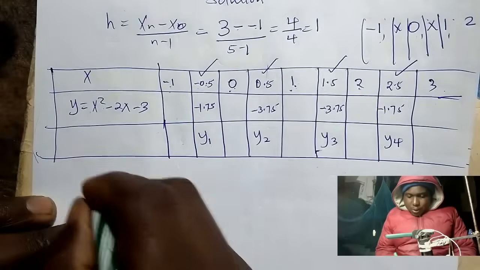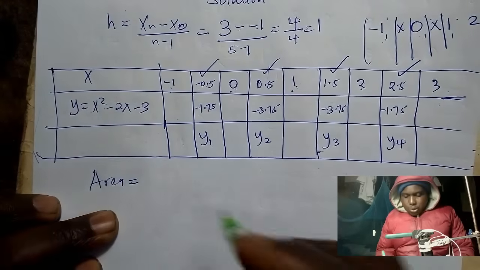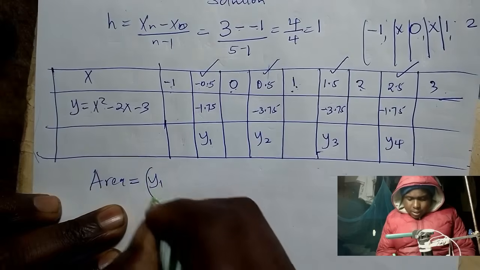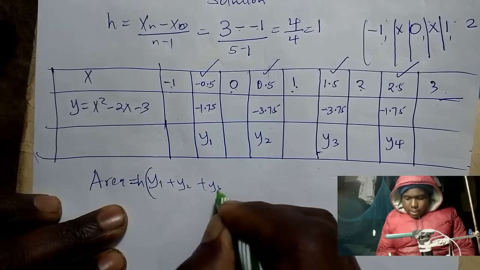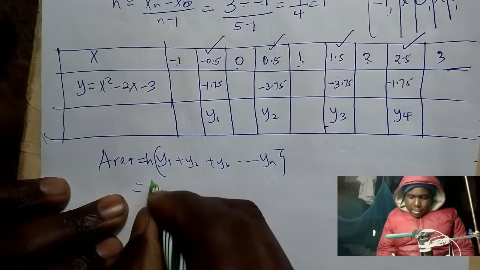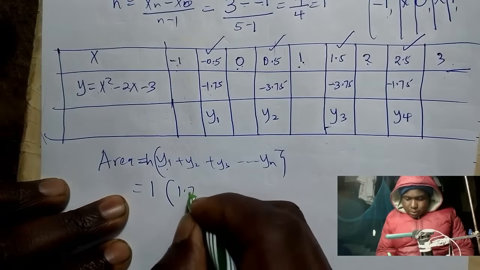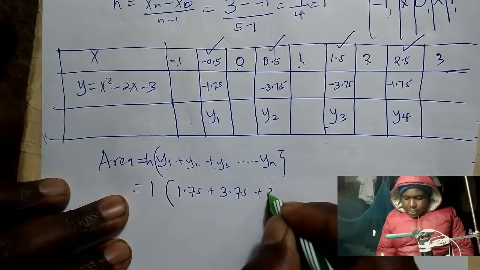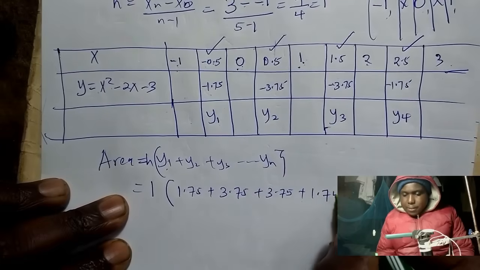The next now, area is equal to h into y1 plus y2 plus y3 all the way to yn. So our h is 1 into, taking them as positive, 1.75 plus 3.75 plus 3.75 plus 1.75.